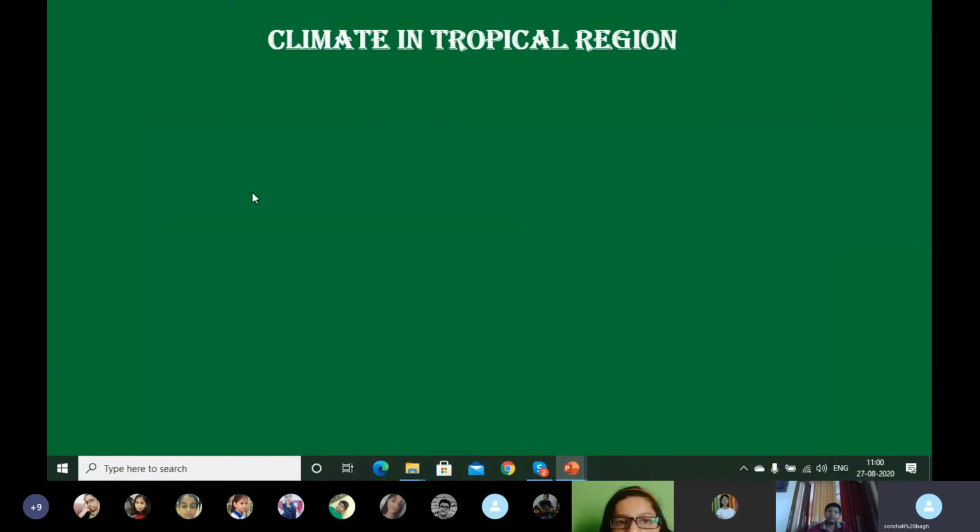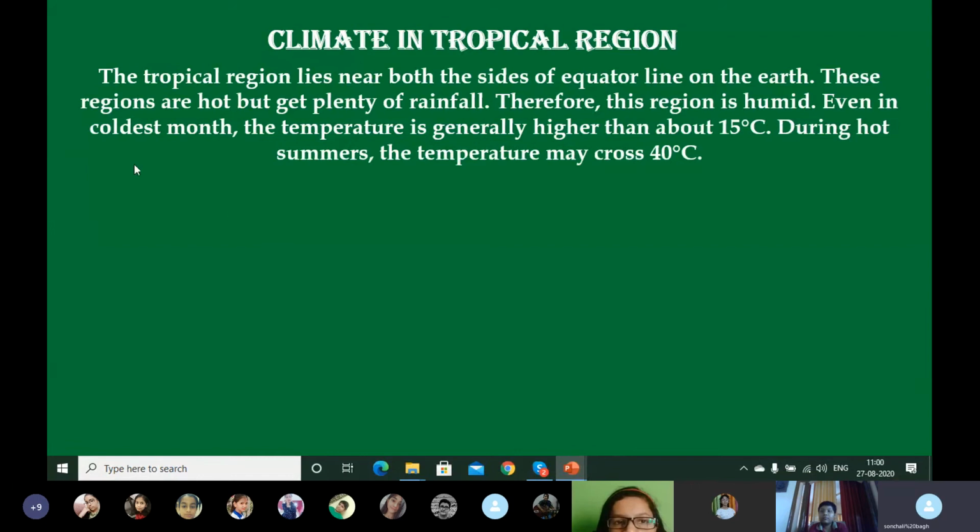First let's see what is the climate in the tropical region, what is the basic adaptation. The tropical region lies on both sides of the equator line on the earth. The basic problem is that here it is hot but there is plenty of rain, means it's very high temperature, but at the same time it has heavy rainfall.